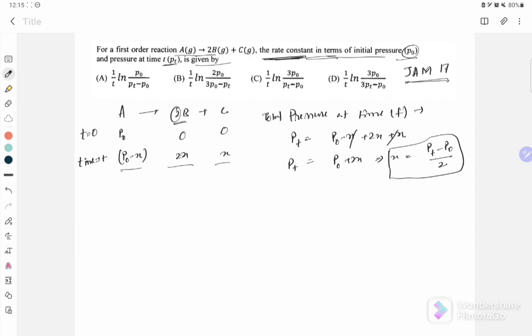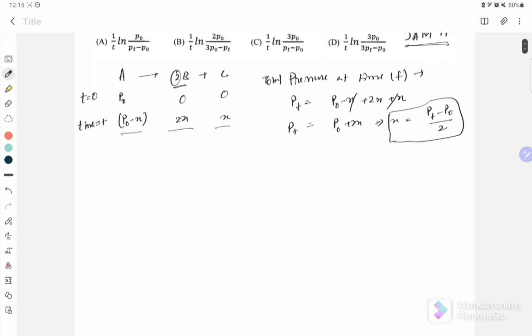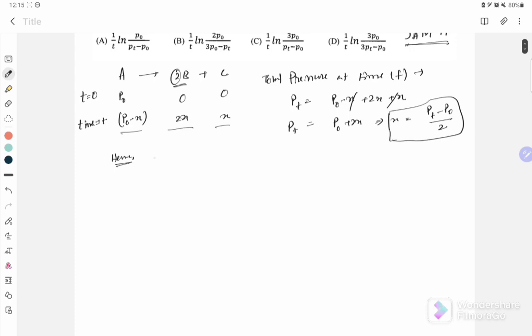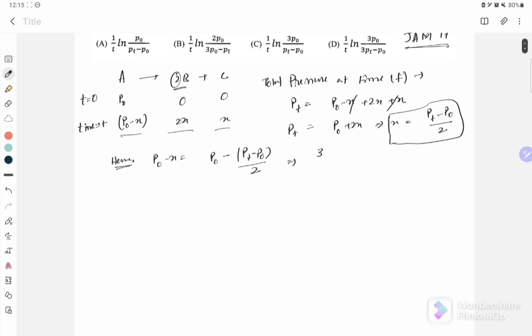Now what will be P0 minus x? I will tell why we need it. P0 minus x is P0 minus (Pt minus P0) by 2, that is 3P0 minus Pt by 2.